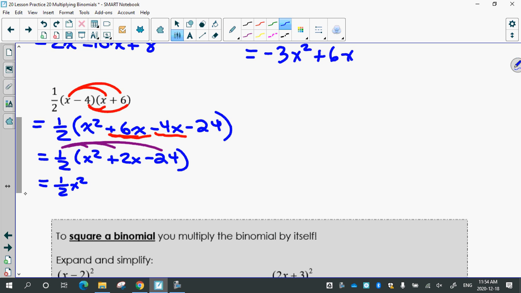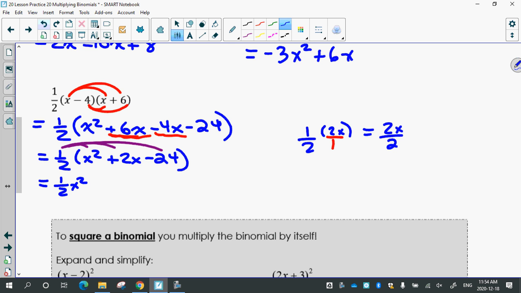A half times 2x though, the 2x is really, out of 1 you can think of it. Multiply the tops together, bottoms together, reduce, and you just get x.